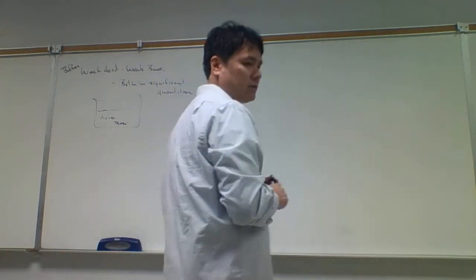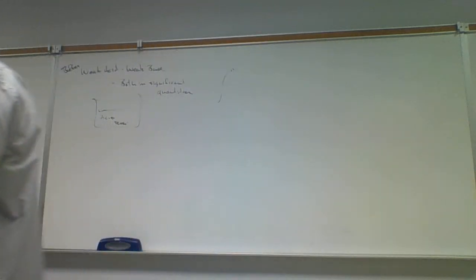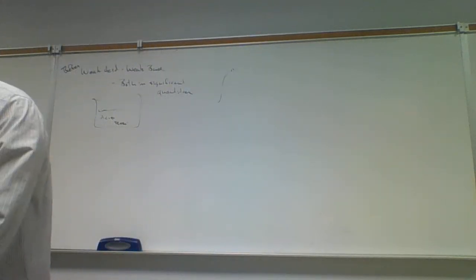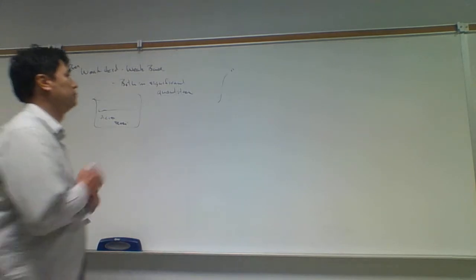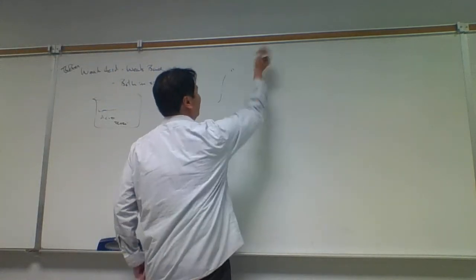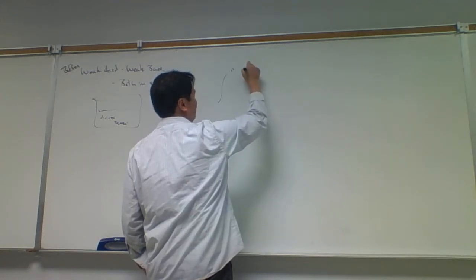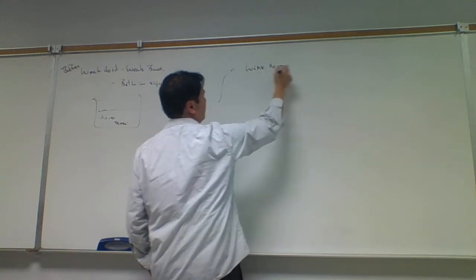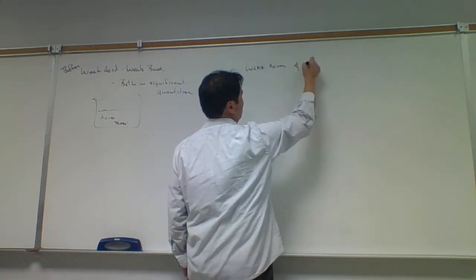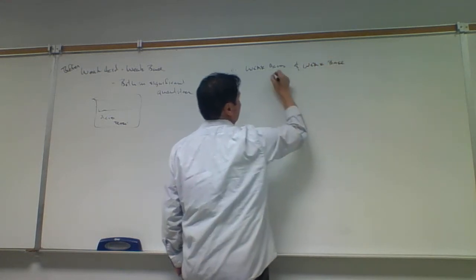We could have a weak acid, weak base combo that's not related, and that's going to mean the calculation is very difficult. And so the weak acid and weak base not related.